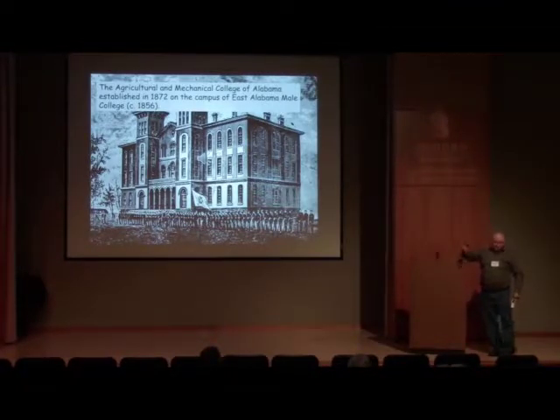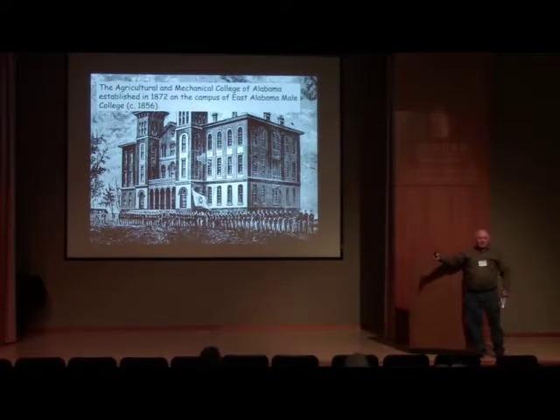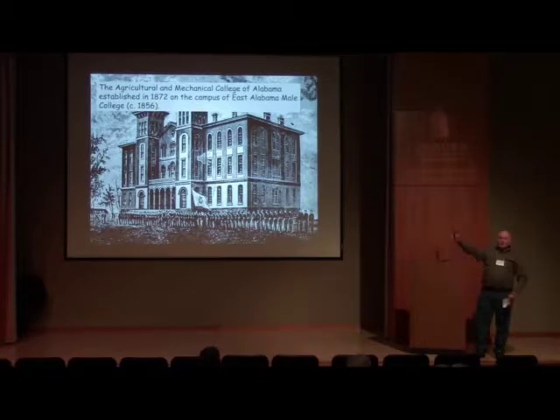So why would they pick this little remote town over in East Alabama that had nothing here but one building that they called the East Alabama Male College? I think it was because Auburn had a railroad. Greensboro to this day has no railroad. You could not get there in the wintertime.